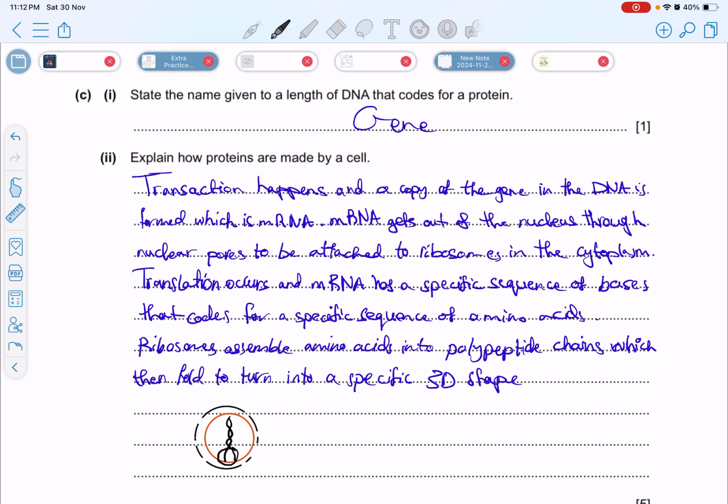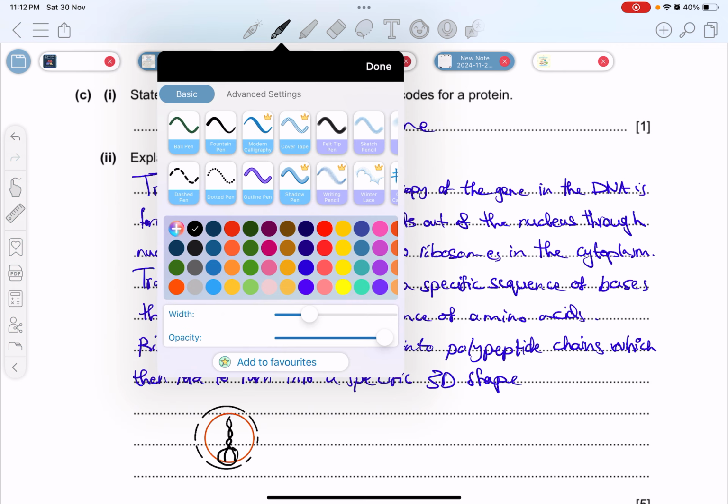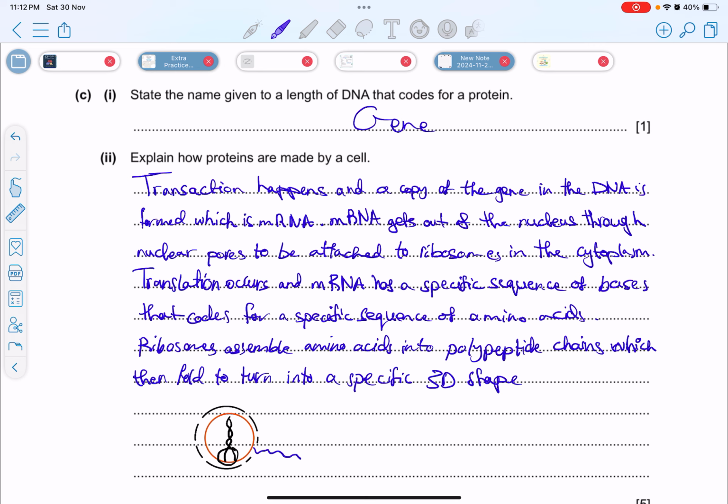then form the mRNA. The mRNA is the copy of this gene, so it's going to form and then get out of the nucleus through the nuclear pores. Imagine that the copy is going to form here.